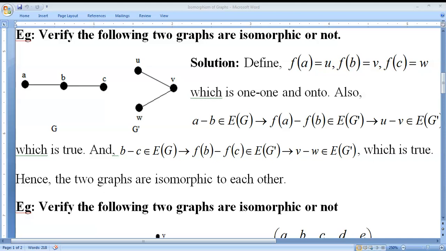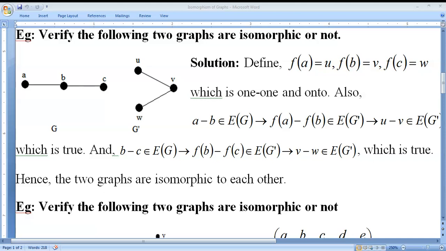b is mapped onto v. The reason is, from b we have two edges, that is edge ba and edge bc, and from v also we have two edges, that is vu and vw. So for this reason I have mapped b onto v.